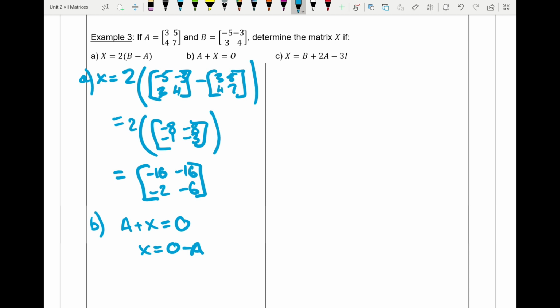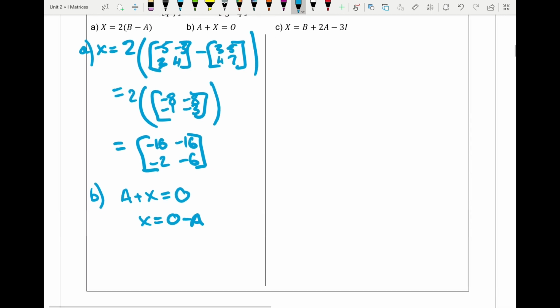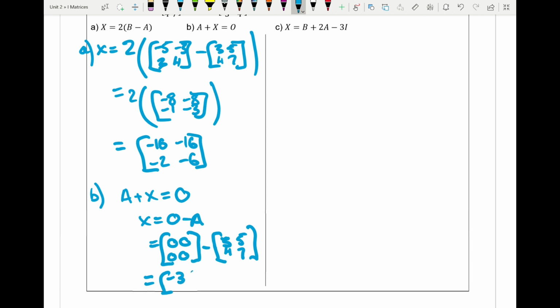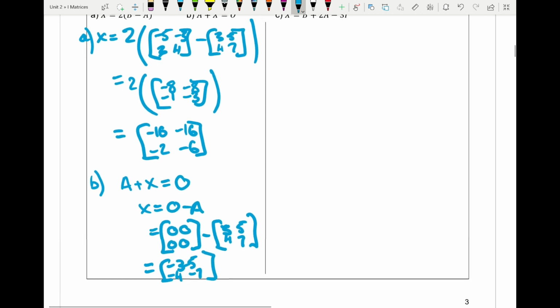So X plus nothing is X. And on the right-hand side, we get the null matrix take A. So that is just as we anticipated, the same as multiplying our original matrix by -1.